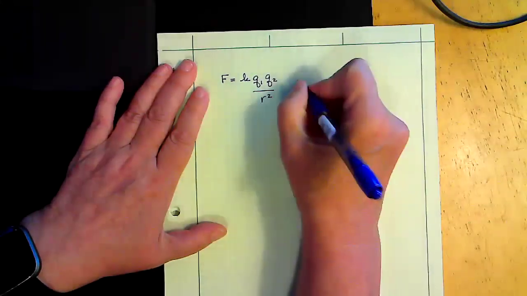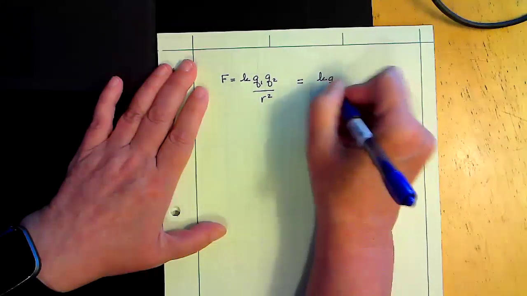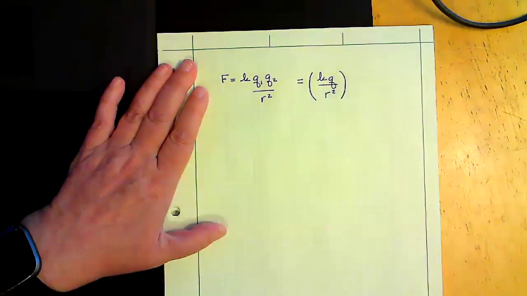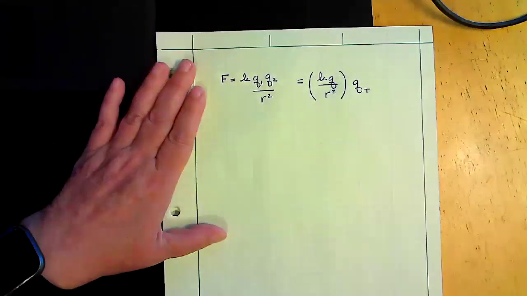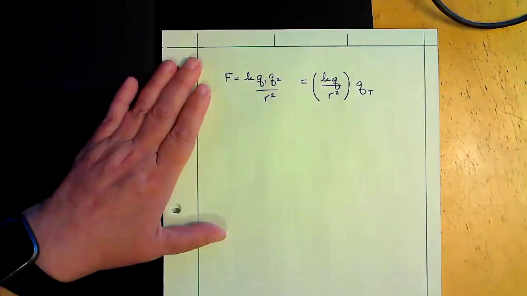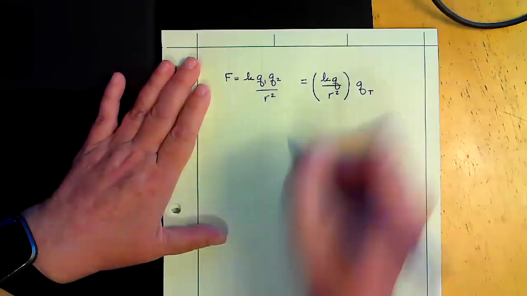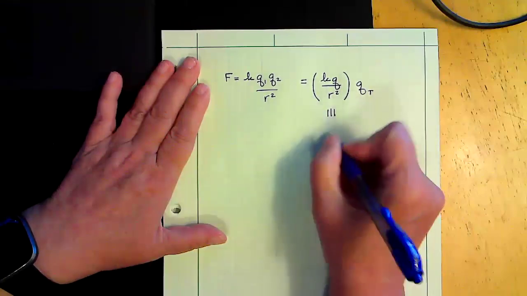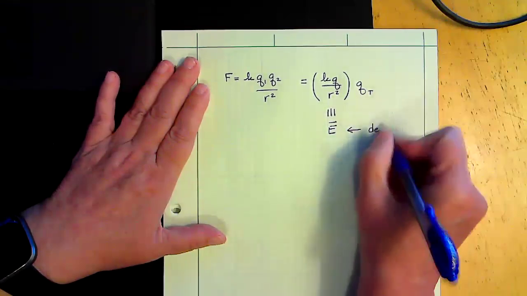Now, we're going to group these together, just like we grouped in Newton's gravitational one, and this is going to be my test charge. Just like when I worked with gravity, we gave this a name. We're going to define that as our electric field.